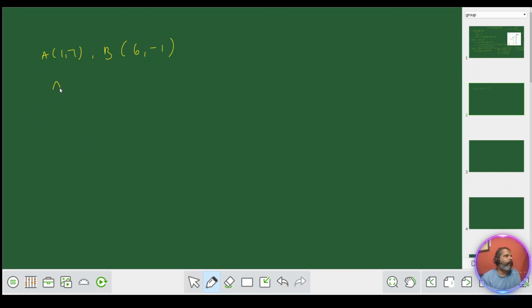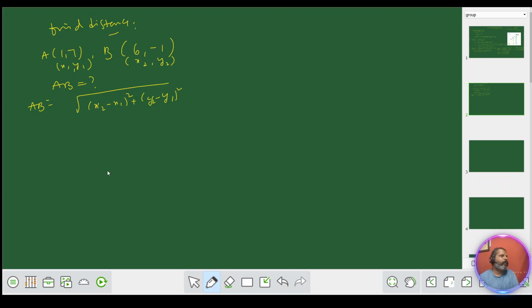What is AB here? Find the distance. Just an example I'm taking to show how we can use the formula. So AB is nothing but the square root of x2 minus x1 whole square plus y2 minus y1 whole square, right? So x1, y1, x2, y2 is like this here.